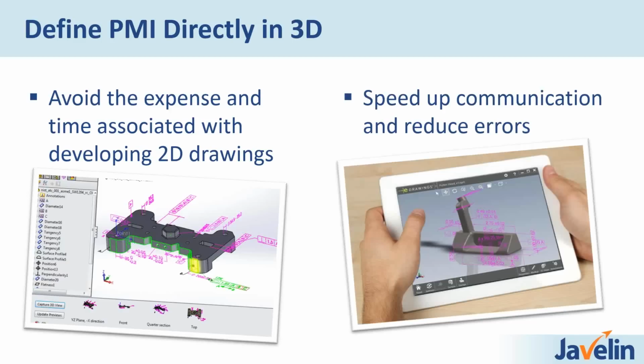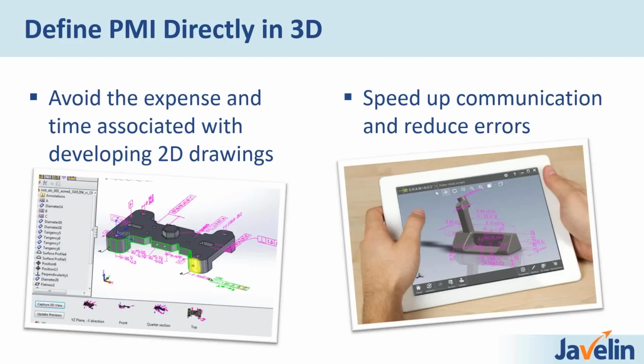Here's a nice little image of communicating on an iPad. Obviously, we can output information created in SolidWorks MBD, and we can output that in a couple of different formats, one being PDF format, the other being an eDrawing format, and I'll show you both of those methods as well.